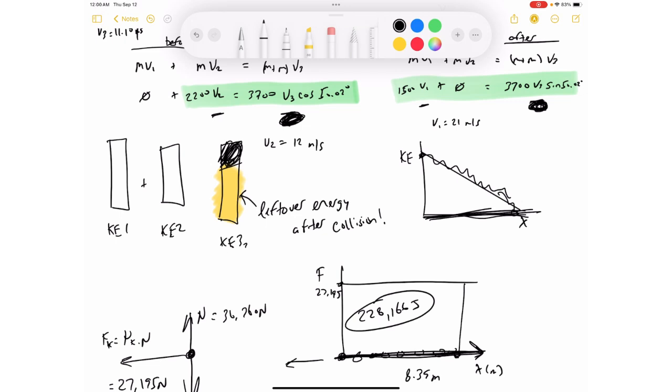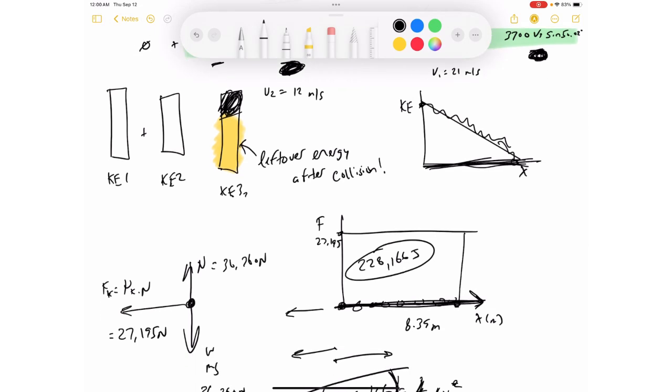We don't know how much was lost. That's fine, but we do say, okay, I had this much kinetic energy, and then friction used it all. And we figure it out because we knew the normal force, and therefore we automatically calculated the force of friction, which is 27,195. But then we took that 27,195 and it was applied over some distance, 8.39 meters.